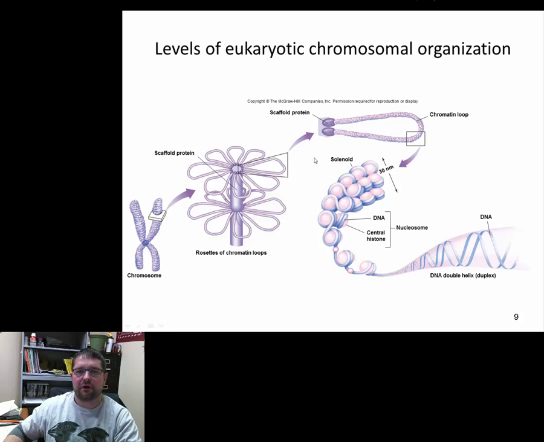So here's what I'm talking about when we talk about chromosomal organization. DNA makes a chromatin section, wrapping itself around histones, these positively charged proteins, to form a nucleosome. Then the nucleosomes form, with scaffolding proteins and whatnot, what we call a chromatin loop.